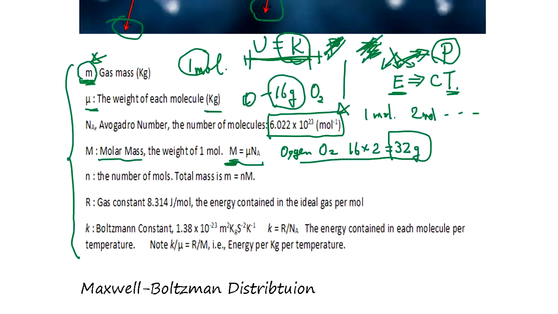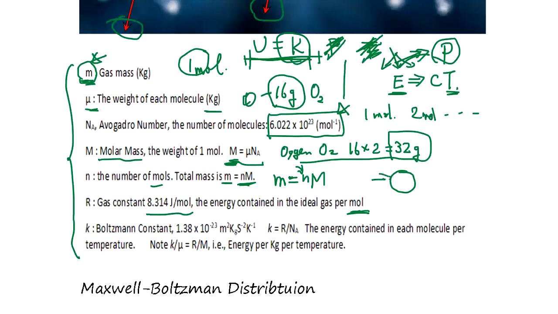The number of moles, n, is how many moles. If the molar mass is M, obviously the weight of the gas is nM, depending on how many moles are in the container.